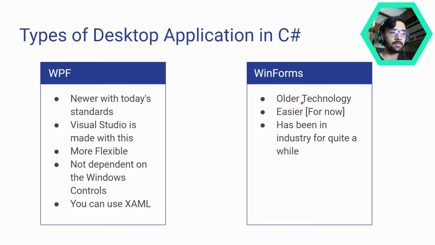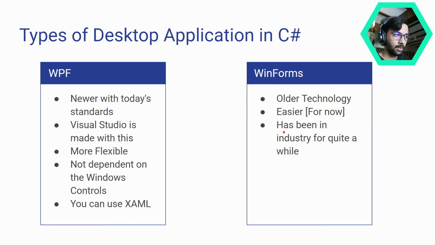And then there's Windows Forms, which is an older technology, but it is easier to make than WPF. For a beginner, what I feel is, it's easier to start in Windows Forms, and it has been in the industry for quite a while. I mean, even WPF has been in industry for quite a few years now, but Windows Forms goes way back. So there is just a lot more support, tutorials, documentation available on Windows Forms than WPF, in my opinion.